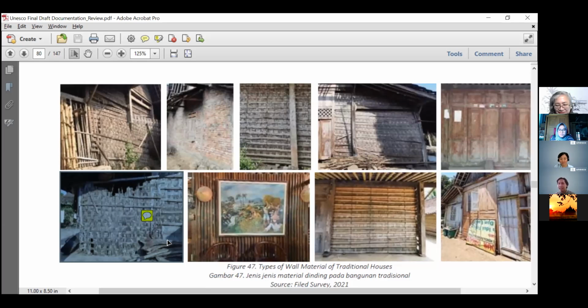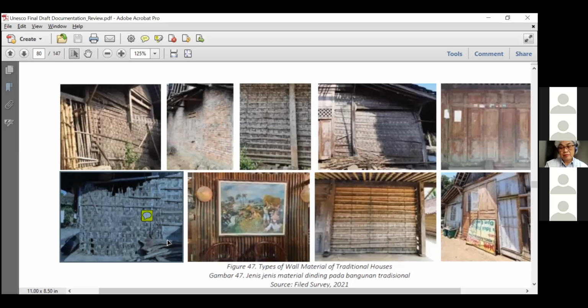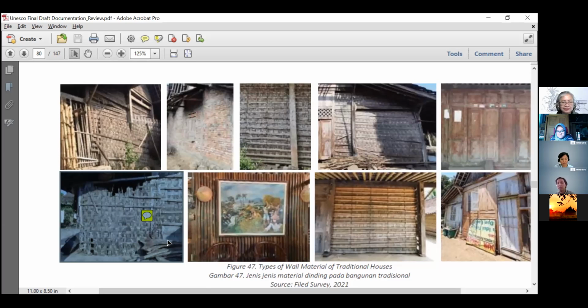Bamboo is a very friendly material, but we don't want to associate it with poverty. So it is important that you capture good use of bamboo and why it is suitable for traditional buildings. I think that could set a good example.